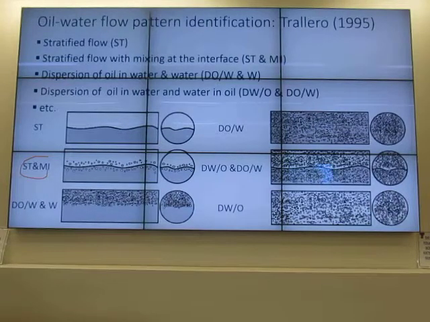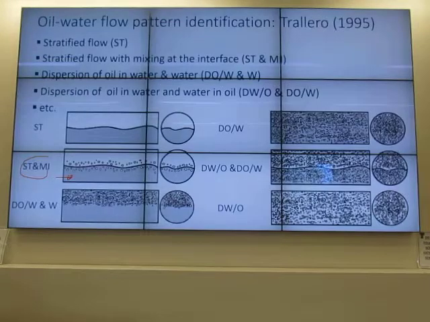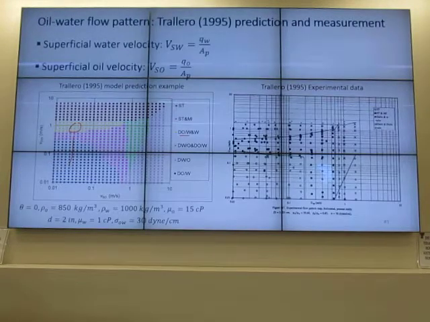So when we flow water faster, with more water flow rate, and even faster, we get this yellow thing: dispersion of oil in water and water layer. We start to have a water layer at the bottom when we flow more and more water. If we flow just water, we have single phase flow of water with no oil, or maybe oil just as a small part on the top. If we add more and more water, we have dispersion of oil in water.